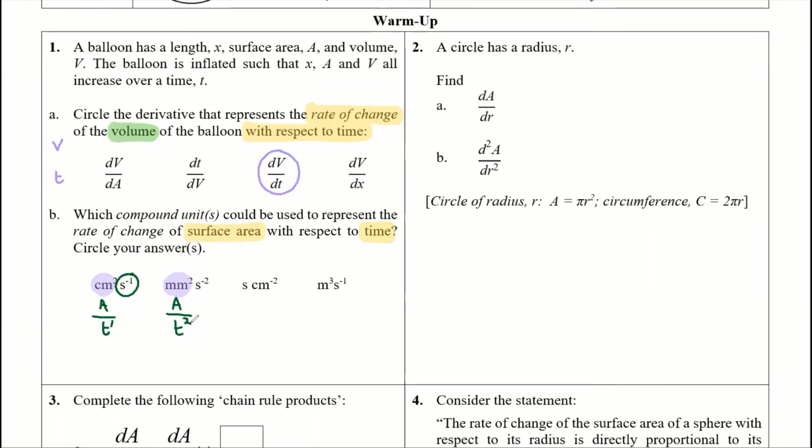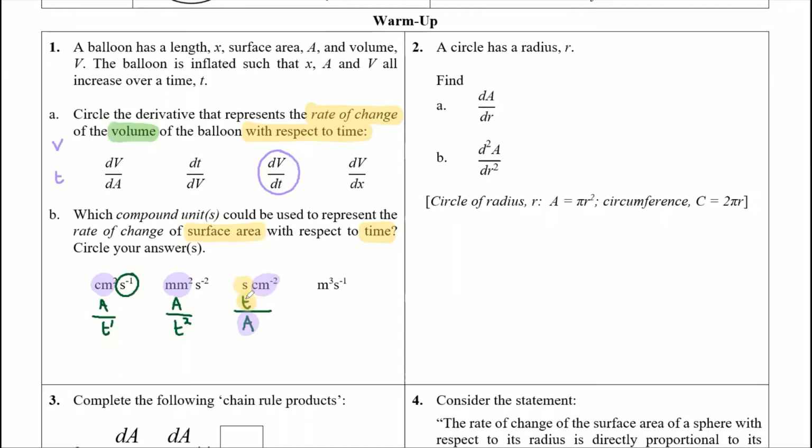That's not what we want. Now, if we look further on, we've got s, which is a time unit, with respect to an area unit here. So that's not what we want either. That seems to be the wrong way around. Let's check the last one.